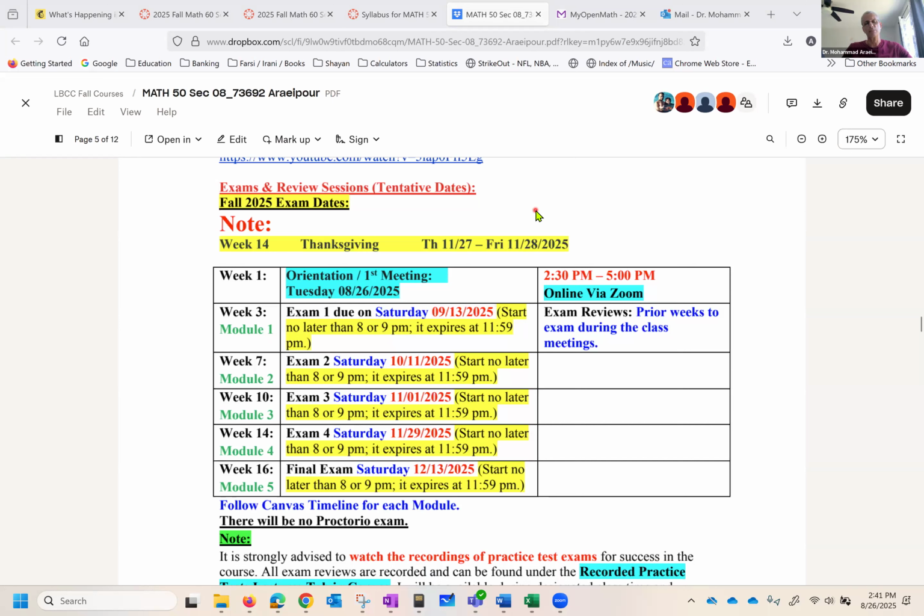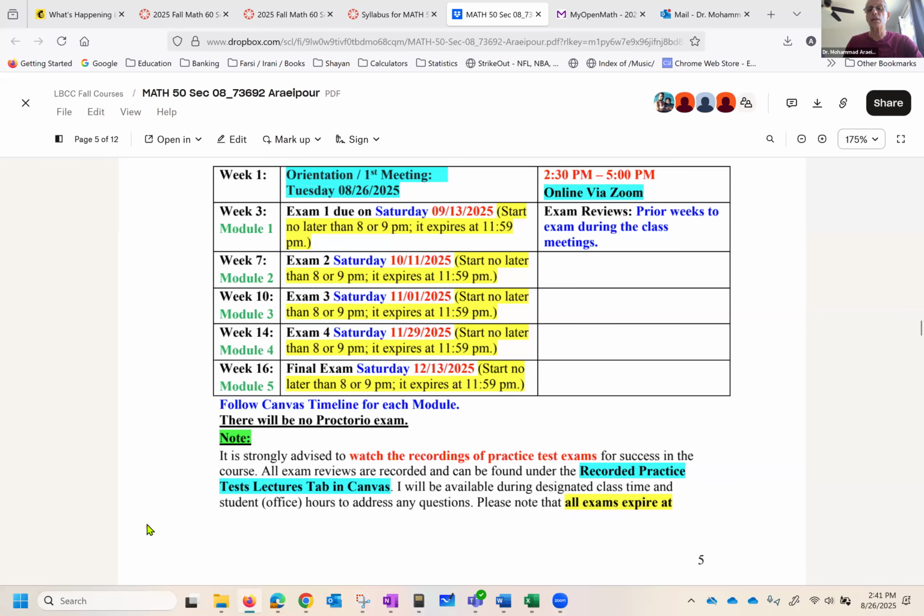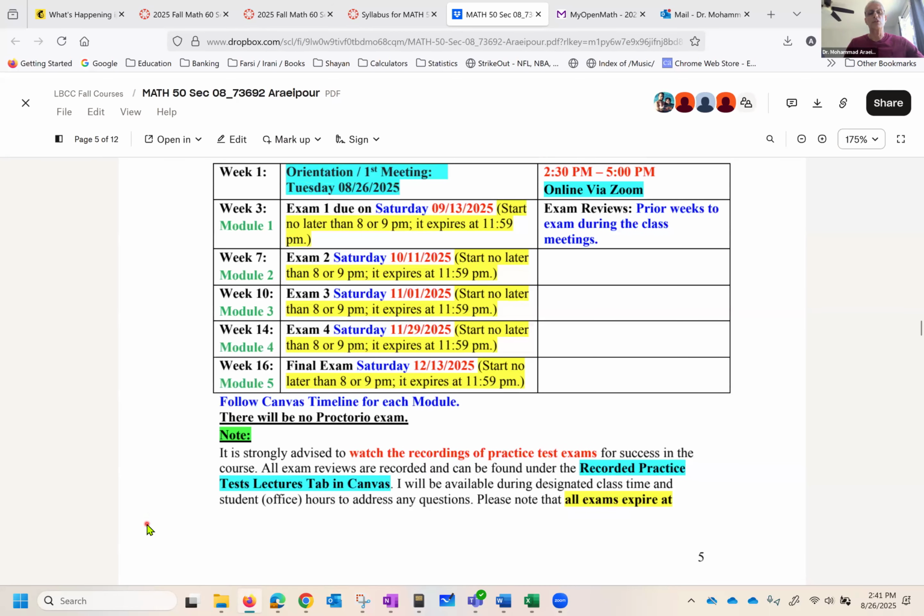The week of exam, you receive an email regarding the exam, and it has all the information, including the password. From the time you receive it until the due date, you can take it anytime you want. You don't have to wait until Saturday. And of course, if you're taking it on Saturday, you don't want it to be too late because you may be tired or you may not have enough time.